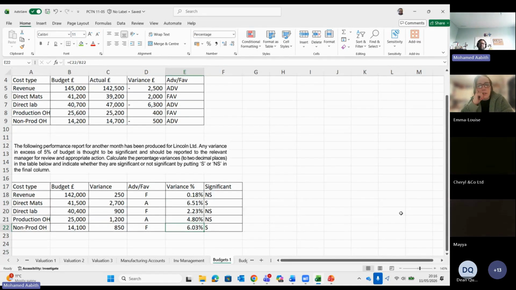So people may ask me, okay, I can see the point of investigating adverse variances, but why would you want to investigate favorable variances? Aren't you happy you've done well? People do ask that question, but the reason behind it is that businesses want to learn why they did wrong. Also, they want to know why they did right. How did they do it? Can they use the same method for future plans?